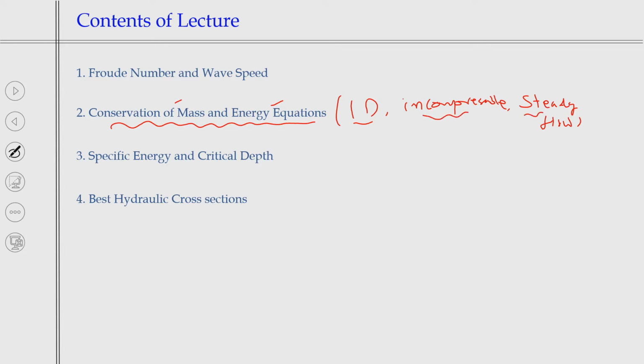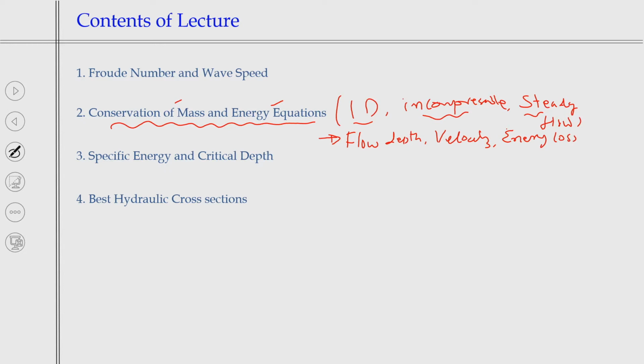So, we try to look at the basic idea of the flow depth variations in open channels, the velocity variations, how the velocity changes, and how much energy loss is happening because of the flow.